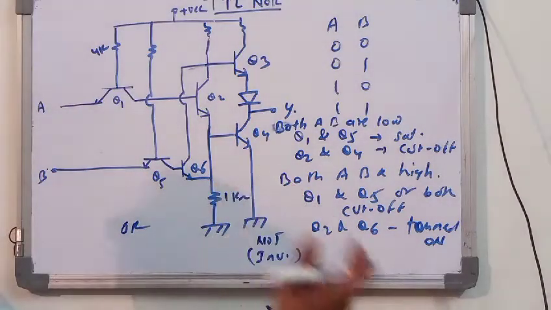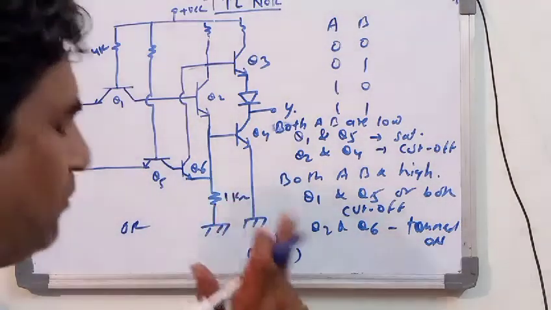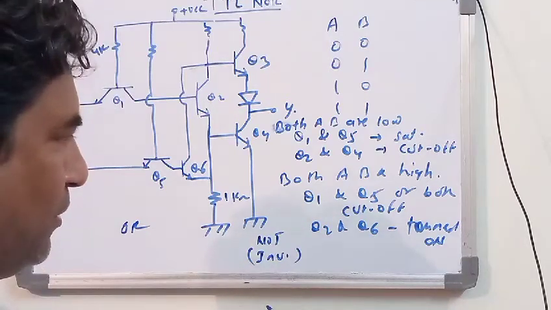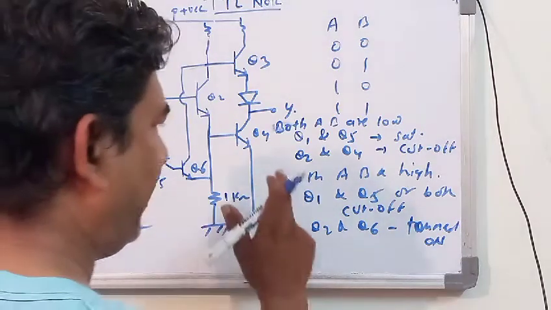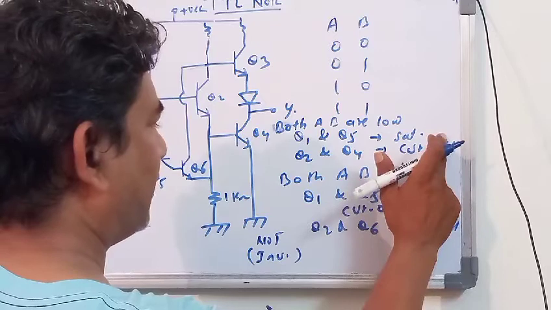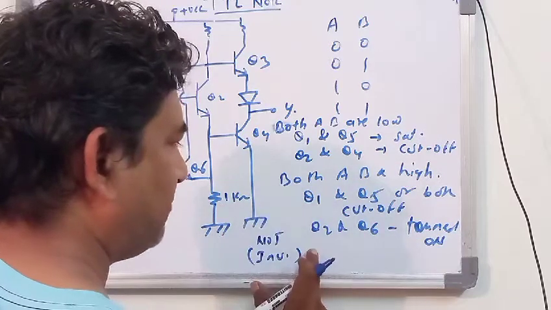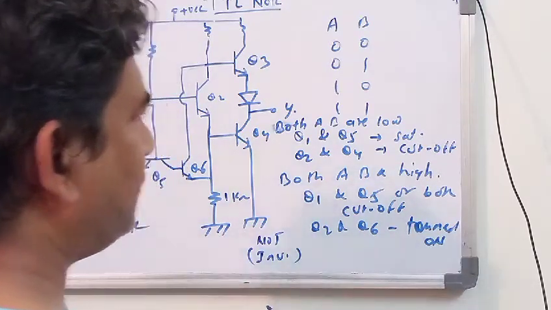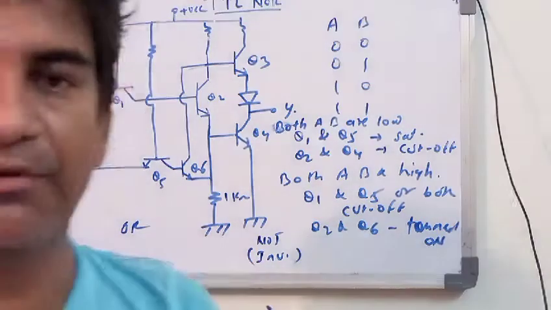Due to that particular turn on, you will be getting a low output. When this formation has occurred, all the values you are getting are either 1 or 0.